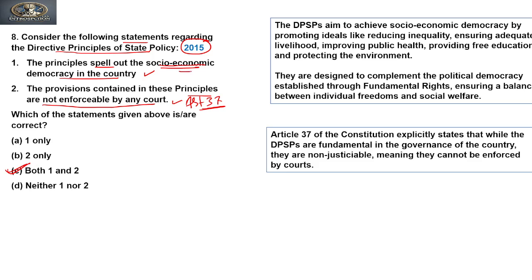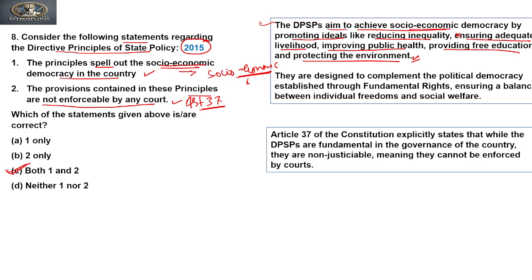So DPSP is about promoting socio-economic conditions, improving socio-economic democracy in the country. Right? So DPSP aims to achieve socio-economic democracy by promoting ideals like reducing inequality, ensuring adequate livelihood, improving public health, providing free education, and protecting the environment.